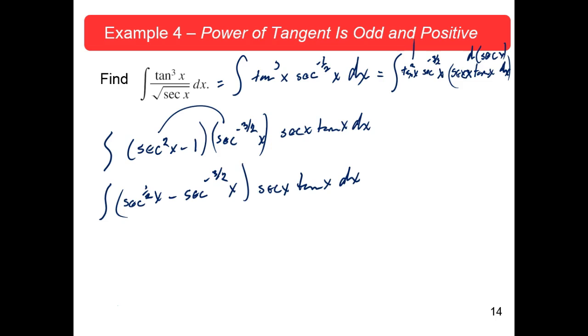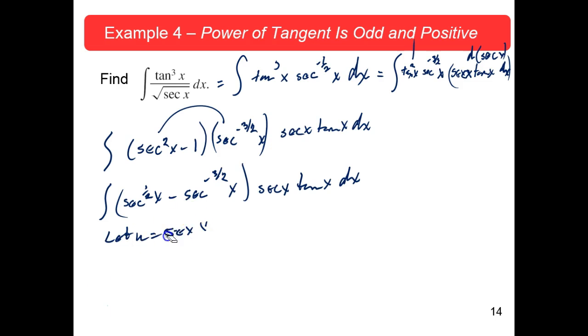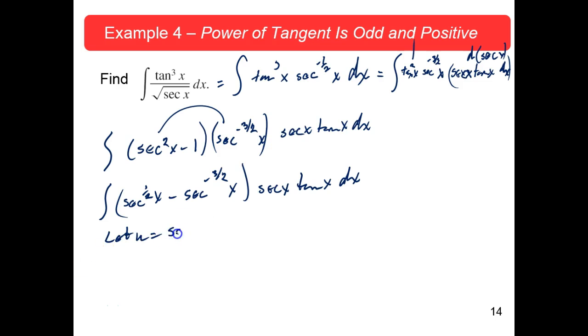Now, we've got everything in terms of secant x, so guess what our u will be if we're going to do a substitution? What will be u? Secant x. Yes, let u be secant x.